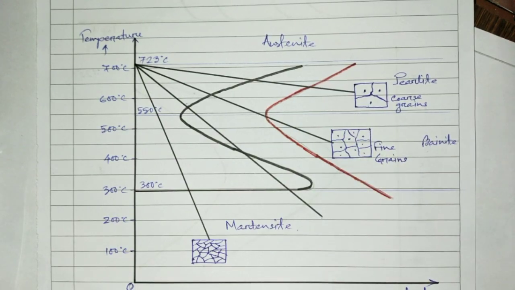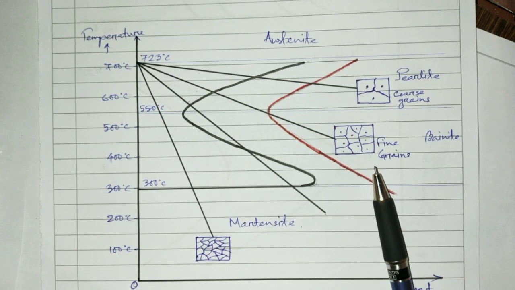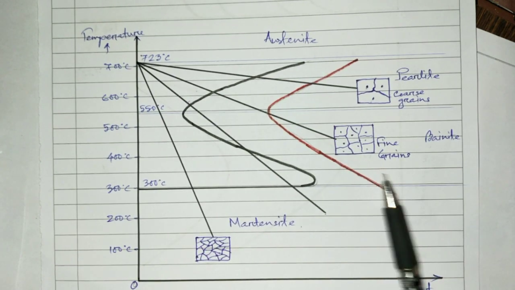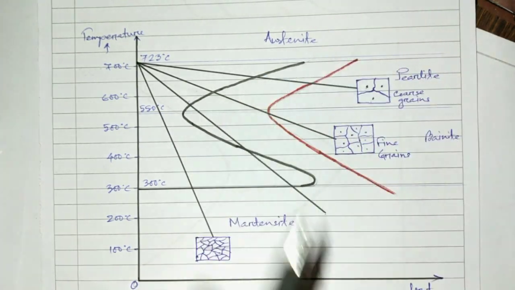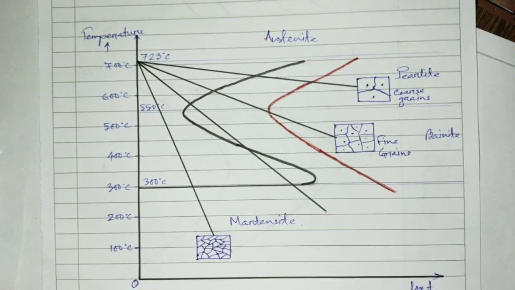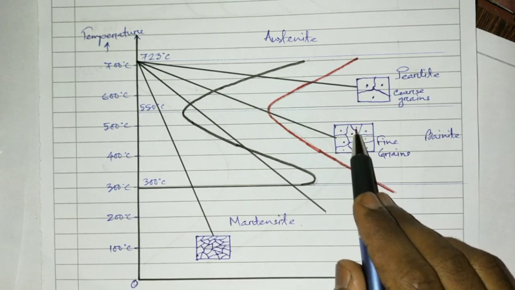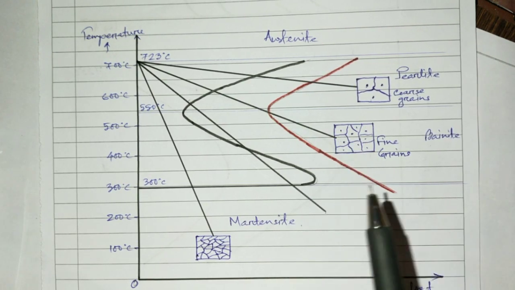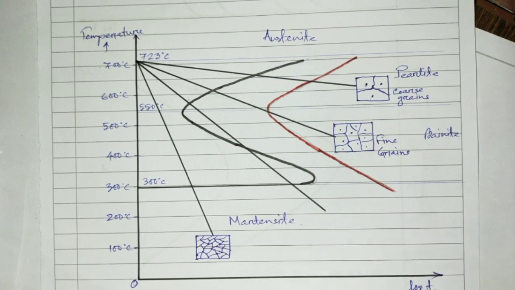Now when we increase the cooling rate, the transformation generally takes place at a lower temperature. In this case the rate of nucleation increases, so a larger number of nuclei are formed, and all of them grow in size to form grains like this, which are called fine grains.